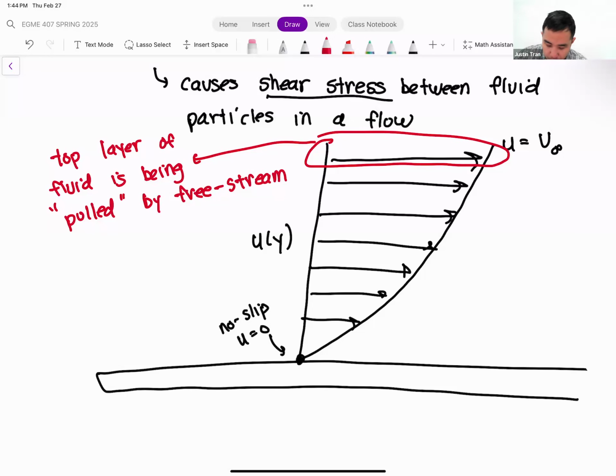But because of viscosity, the layer of fluid that's immediately underneath that top layer is going to be pulled along as well.